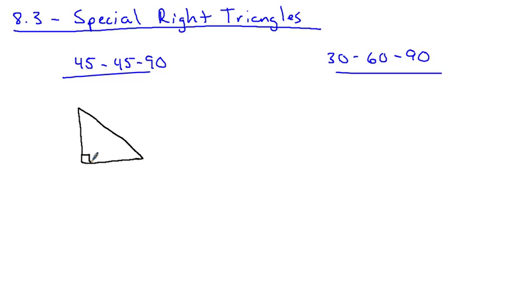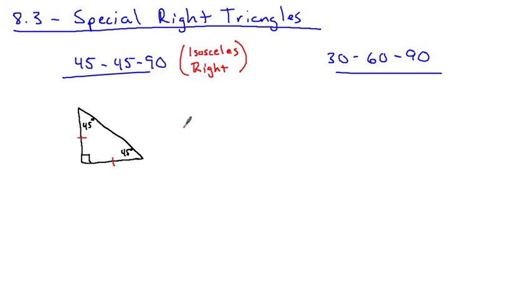Now, if these two angles are the same, if they're both 45 degrees, hopefully you remember that that means these sides are the same, right? So a 45, 45, 90 triangle is also called an isosceles right triangle. So if you see those words, it also means 45, 45, 90.